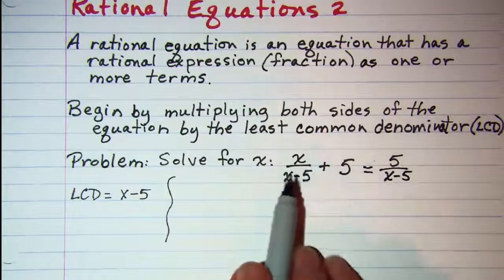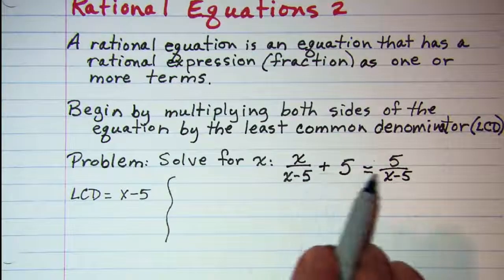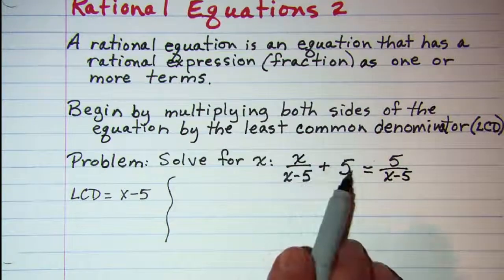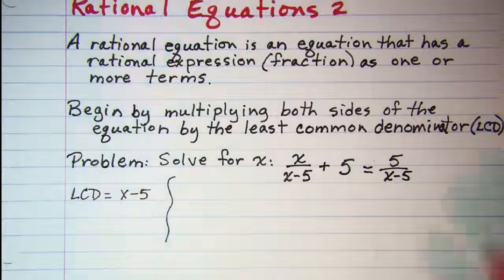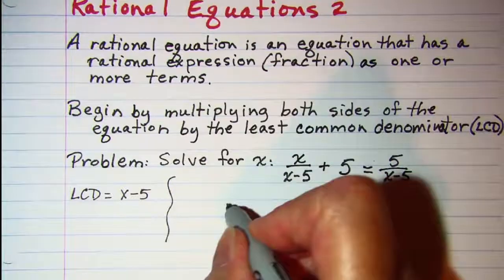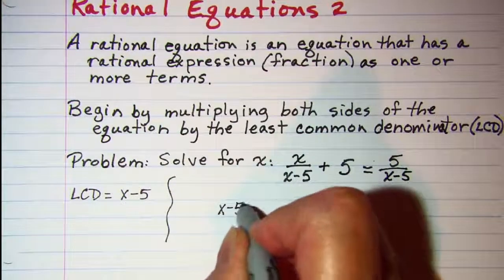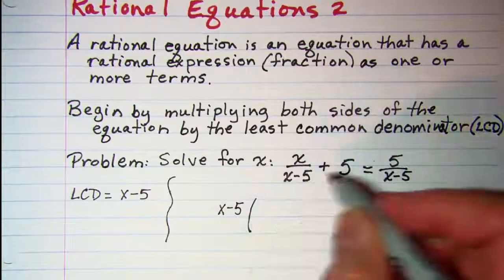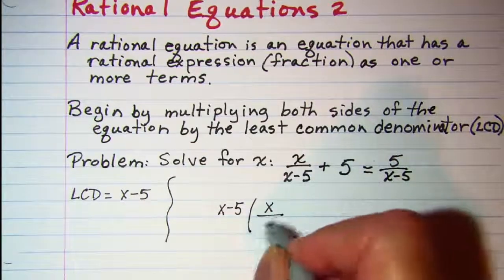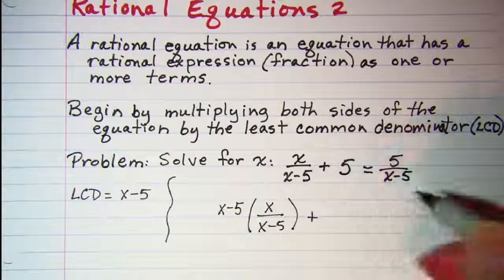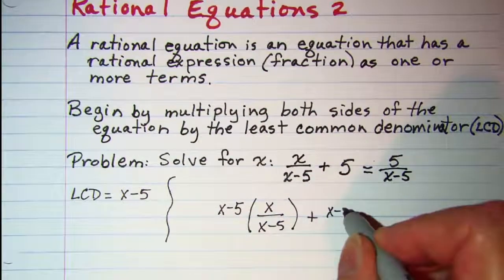So when I multiply both sides of the equation by x minus 5, that means I'll be multiplying each of the terms individually by that expression. So let me write that. X minus 5 multiplied by the fraction x over x minus 5, plus, and then x minus 5.